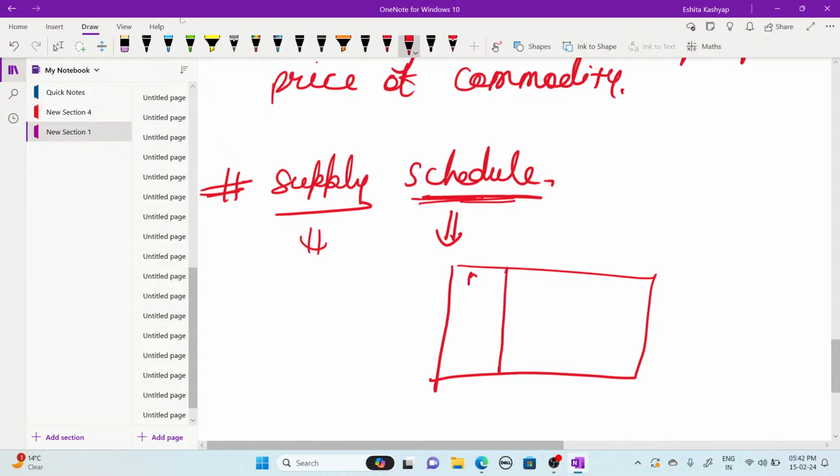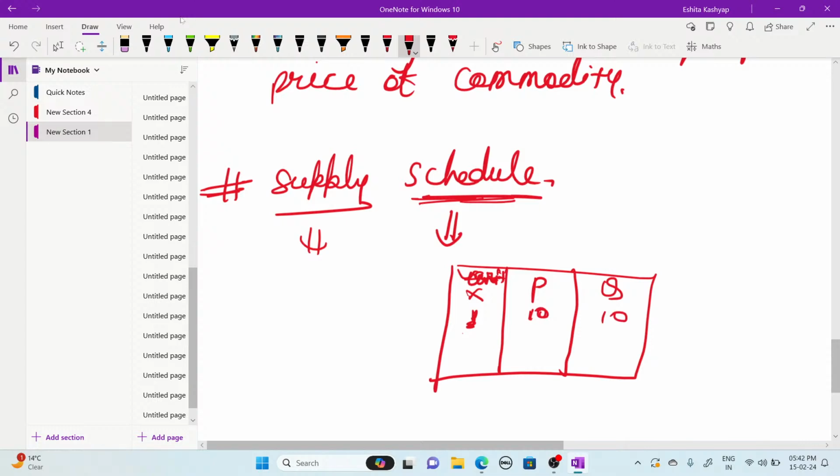So let's suppose this is unit, and this is price. This is quantity. Let's suppose this is x variable or x units of goods. When a producer wants to produce 1 unit of x at price 10, this will be 10.